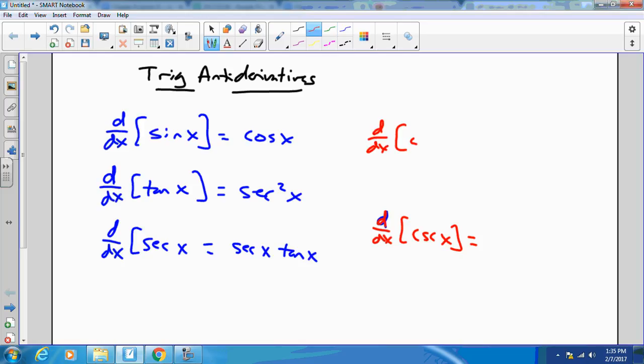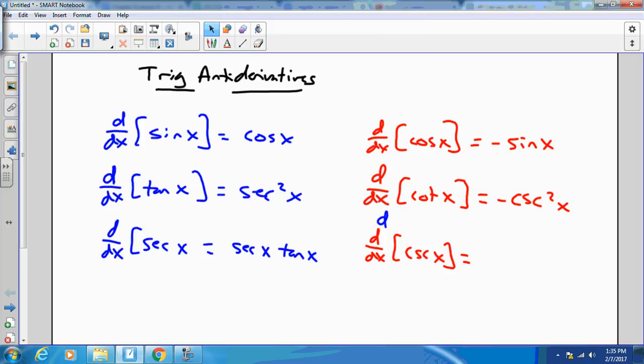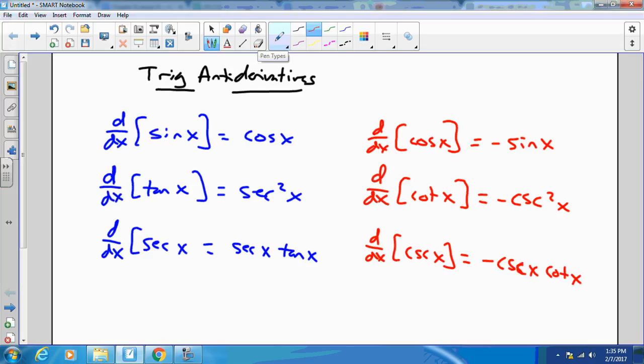And over here, the derivative of cosine x is negative sine x. The derivative of cotangent x is negative cosecant squared x. And the derivative of cosecant x is negative cosecant x cotangent x. Just like so.